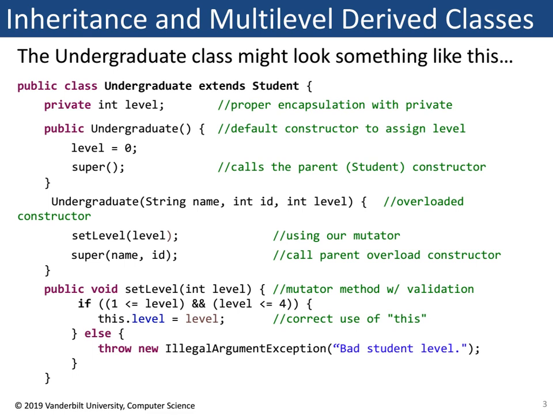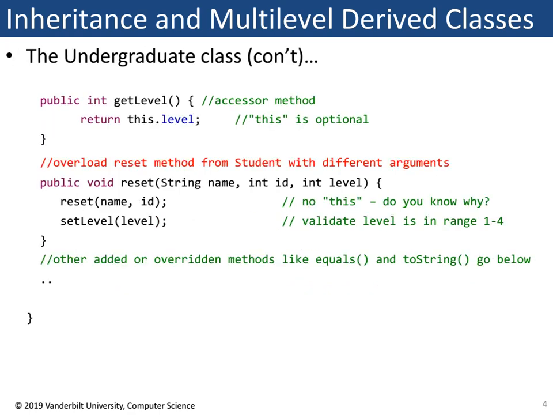However, if it's inside the range, then we will assign the value level to the instance variable level, which is part of the undergraduate class. Further, we have the accessor method for level, so it returns the level instance variable.